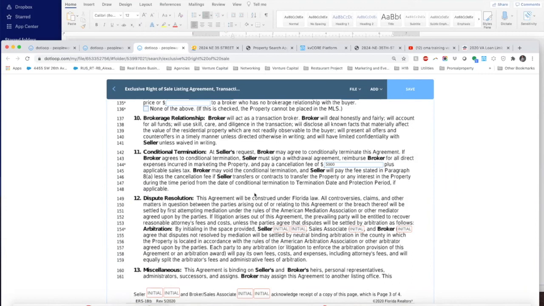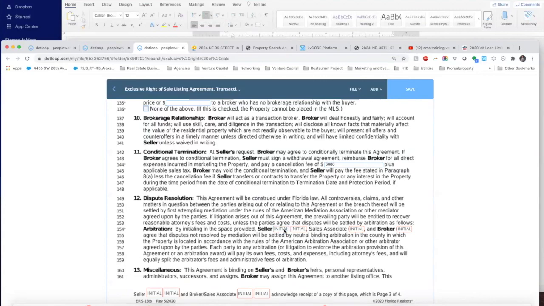So this is basically what it says: if there is a disagreement and it goes all the way to court, if mediation is not working, then it goes to arbitration. Arbitration is a very expensive process, and that's why usually everybody tries to settle during mediation.